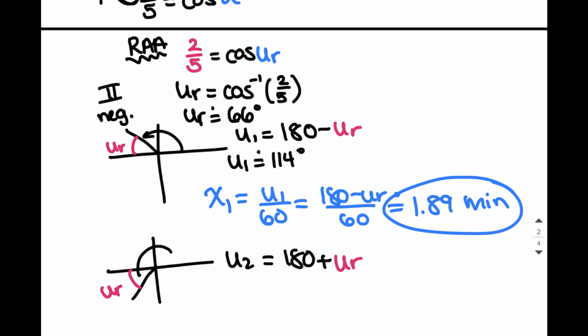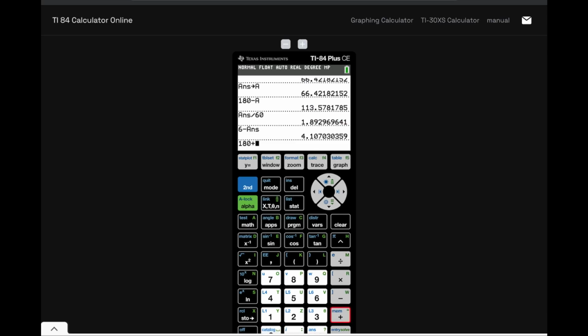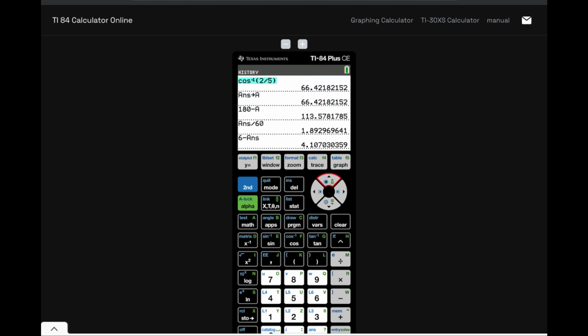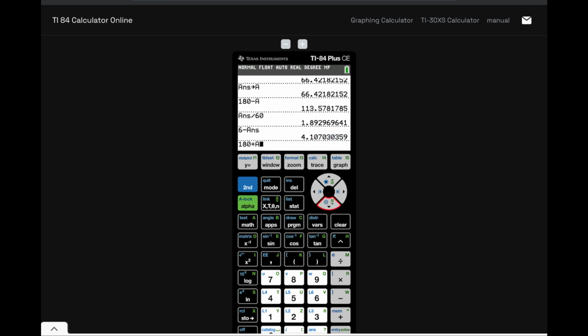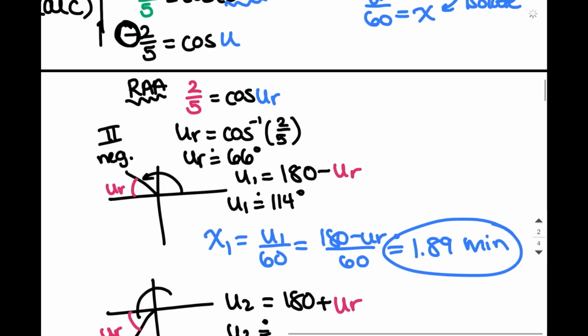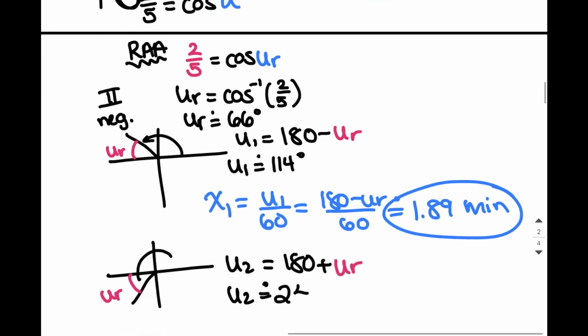And so U2 would be approximately 180 plus what we got for a related acute angle, which we stored as A, or 66 degrees, right? That's what we got up here, that our A value, or our related acute angle, is 66 degrees. So if I add that together, I get approximately 246 degrees. Remember that we are going to use our answer from our calculator, not an approximate answer.